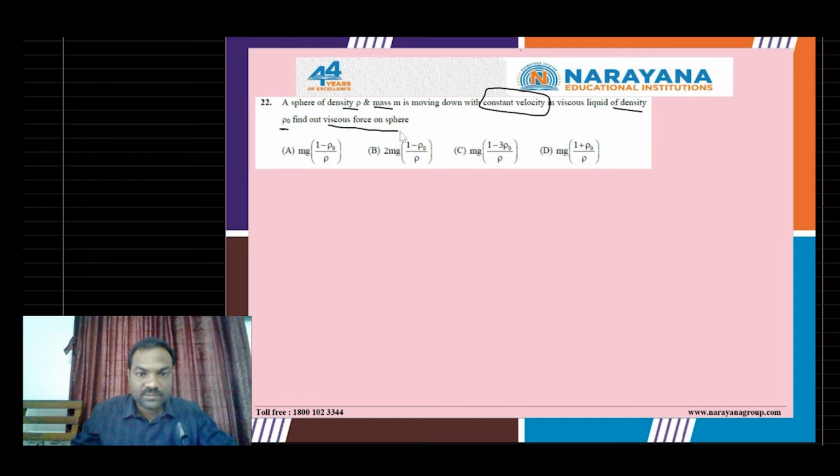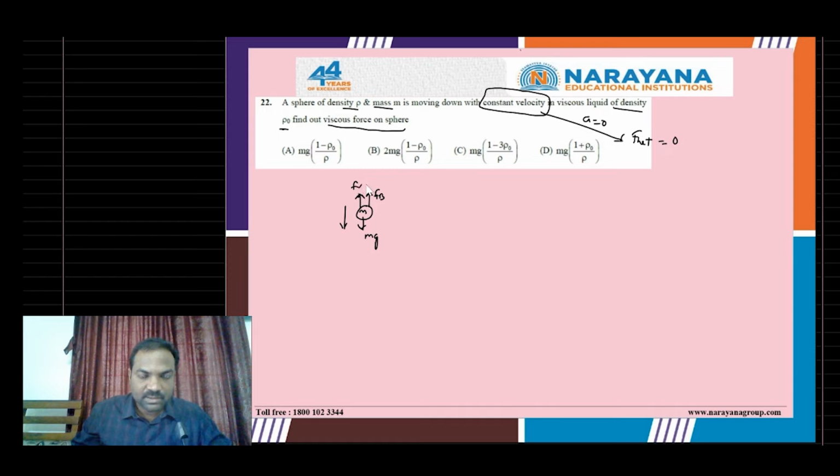They are asking the viscous force acting on the sphere. So what is the constant velocity for? Net force is 0, because acceleration is 0. As the net force is 0, as the object is inside the medium, then mg will act in the downward sense, and the buoyant force will act. Let us say if it is moving downward, then viscous force will act in the upward sense.